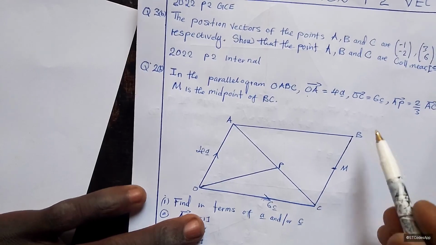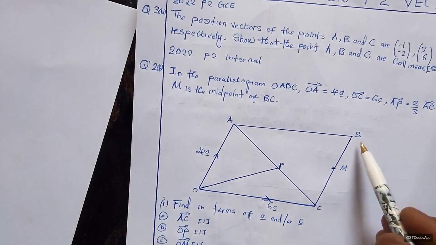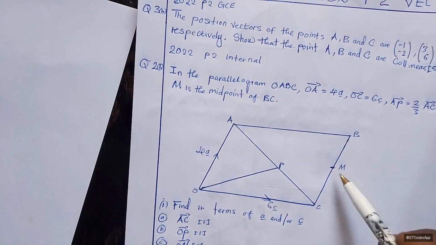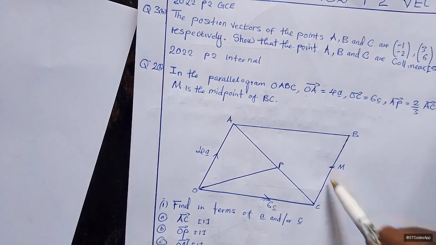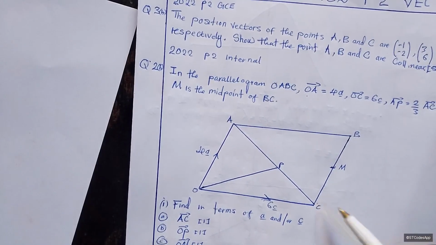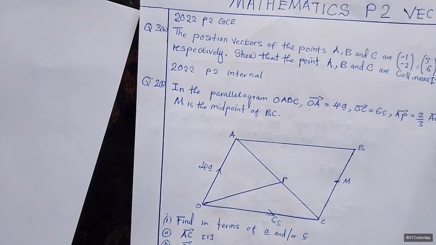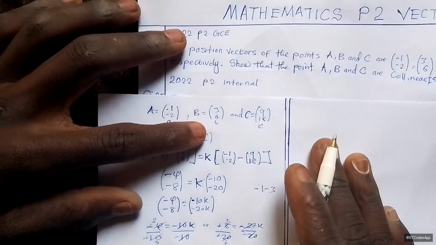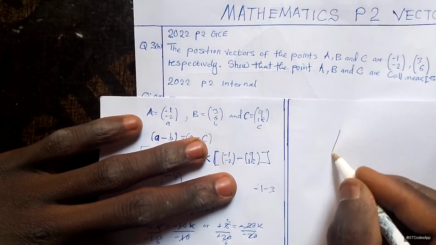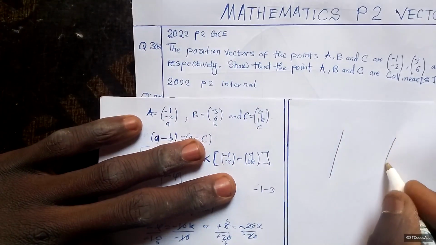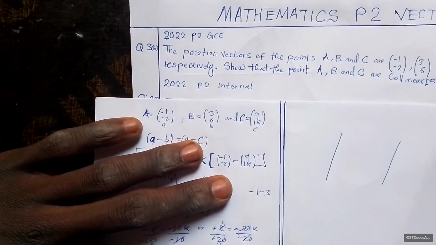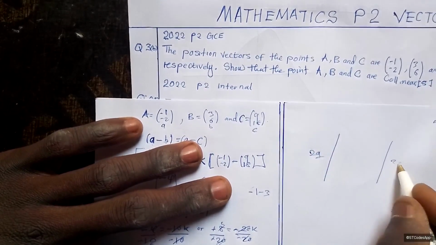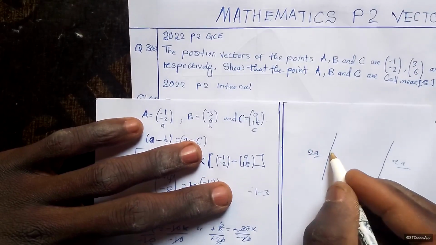So the vector from this point here up to this point here is equal to the vector from M up to C. Okay. So now, since this one here is a parallelogram, the special thing about a parallelogram is that parallel lines have the same vectors like this. Okay. So if this one here is 2a vector, even this one here is going to be 2a vector, if the direction is showing like this.